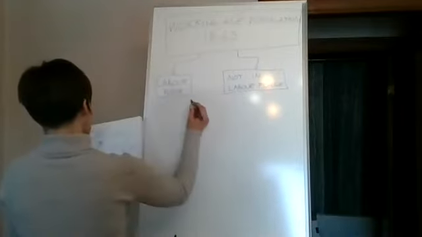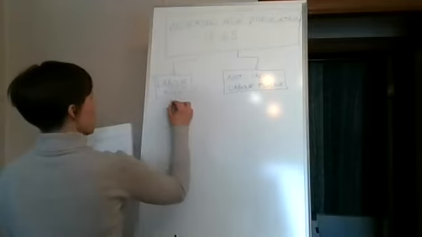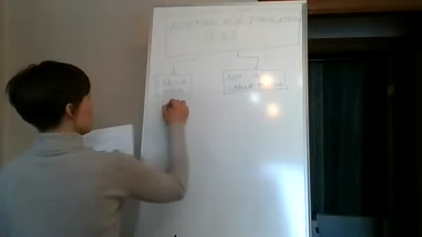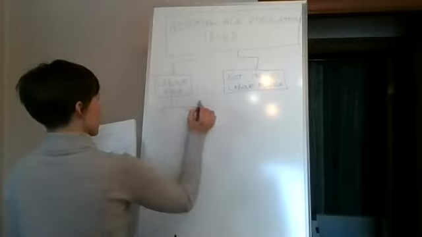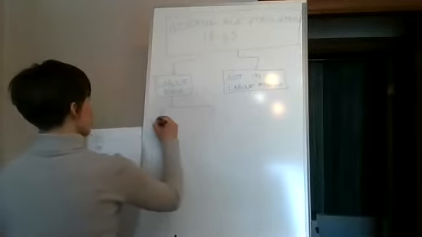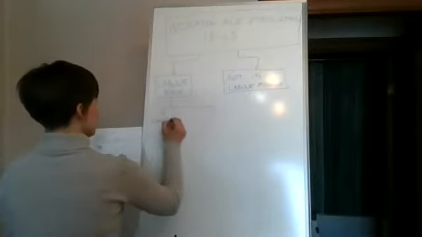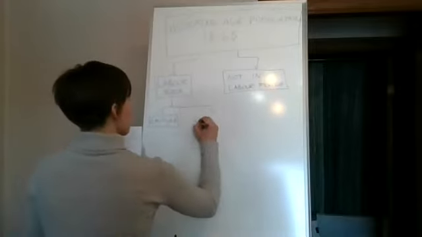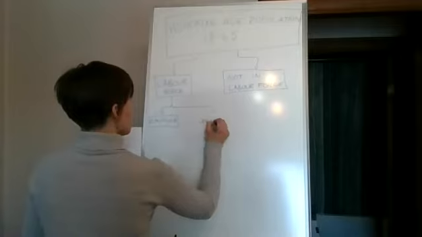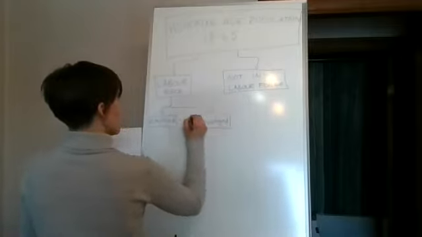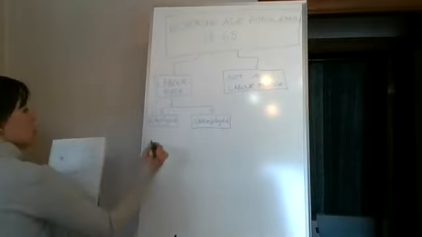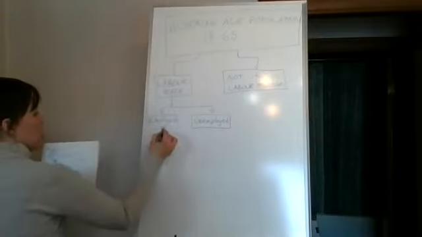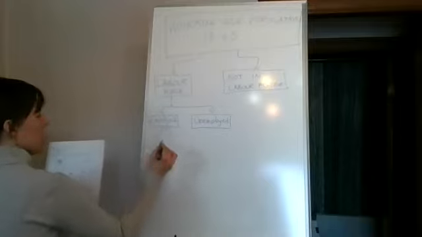Then we take our labor force, and again, we divide it down into two groups. We've got the employed, and that's easy to think of an example. And then we've got unemployed. I want to talk about a couple of different kinds of employed people.